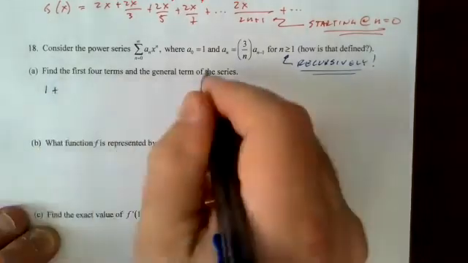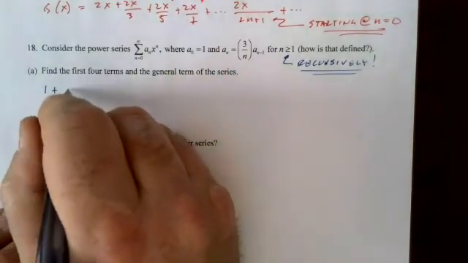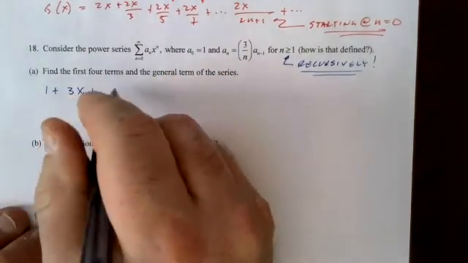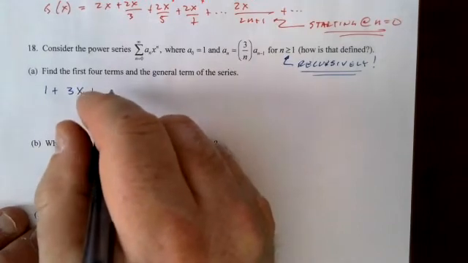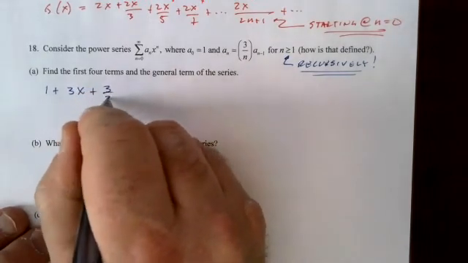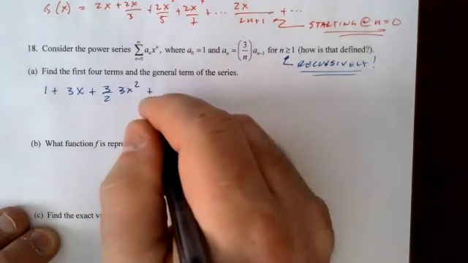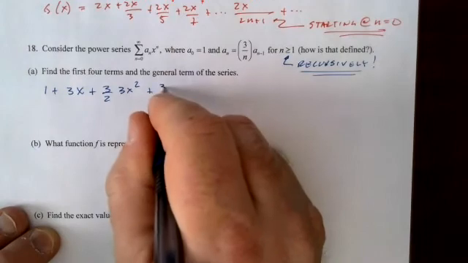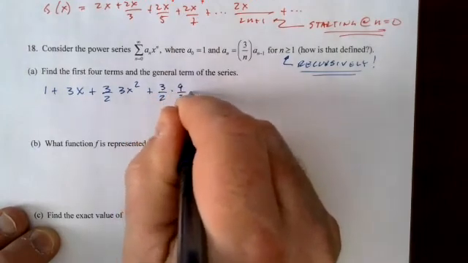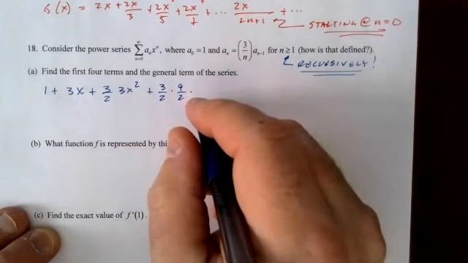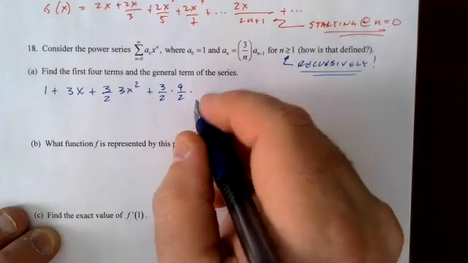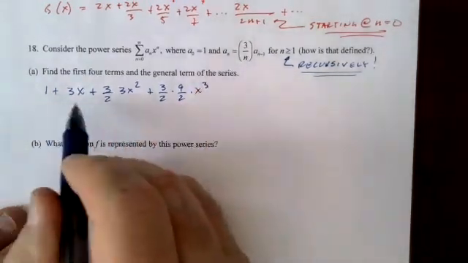So we just start listing them based on what they tell us to do here. 1 plus 3x plus 3 halves times 3x squared plus 3 halves times 9 halves times x to the third. 1, 2, 3, 4.